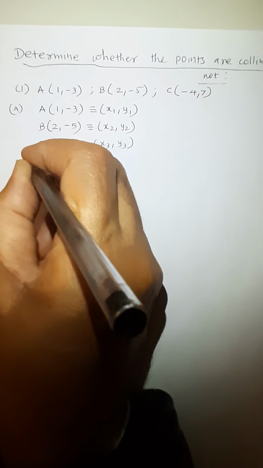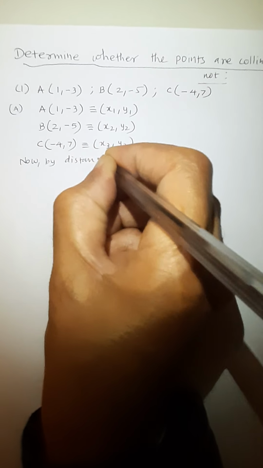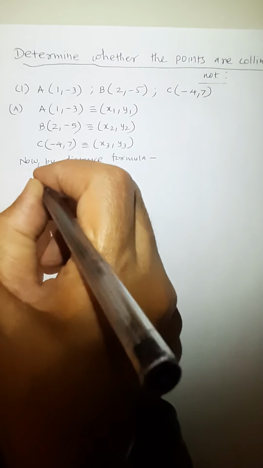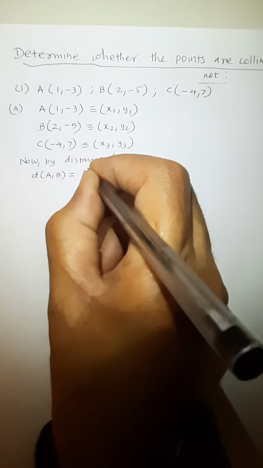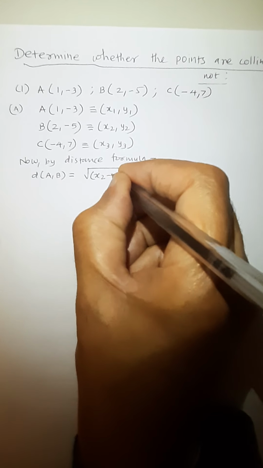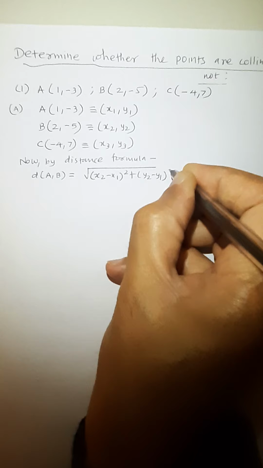Now by distance formula, first we will find distance AB. So we consider only the first 2 points. The formula is square root of x2 minus x1 the whole square plus y2 minus y1 the whole square.